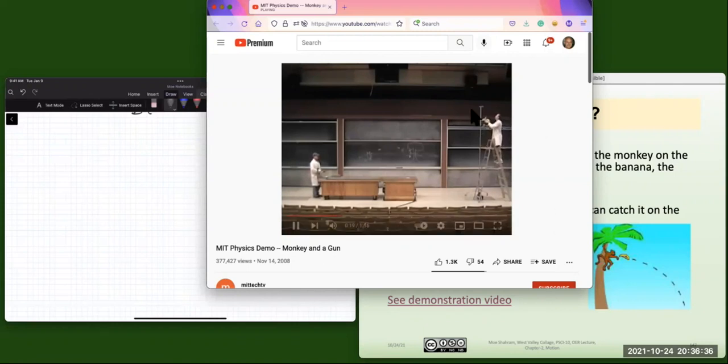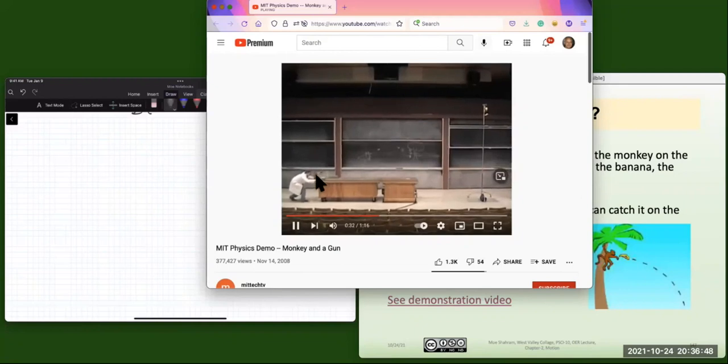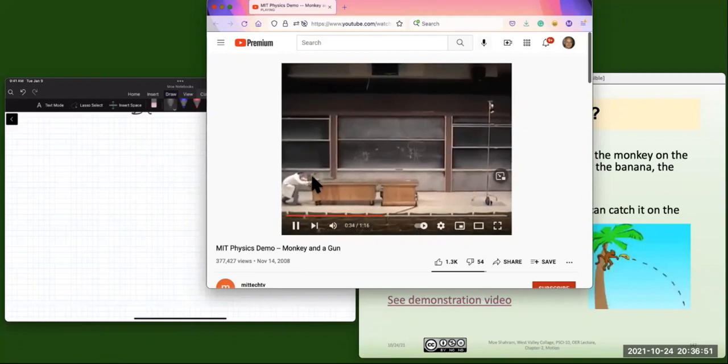So he's putting this little monkey up there, the toy monkey, and it's held by a magnet. And this is the wire you can see that comes all the way down. And he is aiming this little barrel towards the monkey.